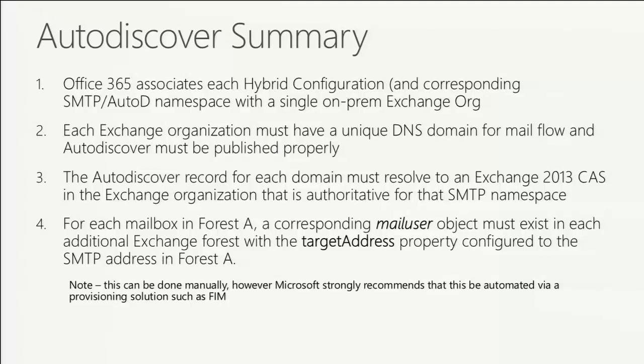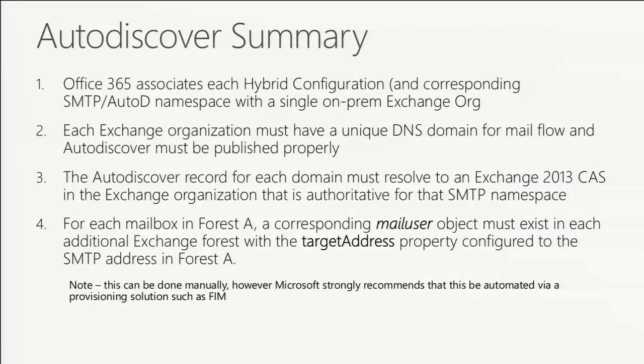The note down below calls out why we require FIM. We do require some process doing that directory synchronization and maintaining this concept of mail user versus mailbox, because you're likely also to be moving mailboxes over time between the on-prem orgs and Office 365.